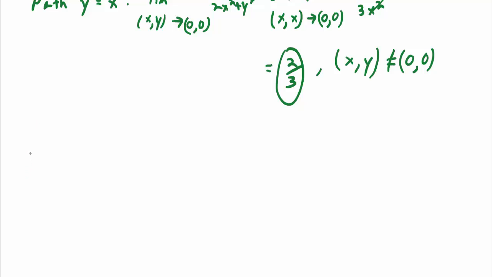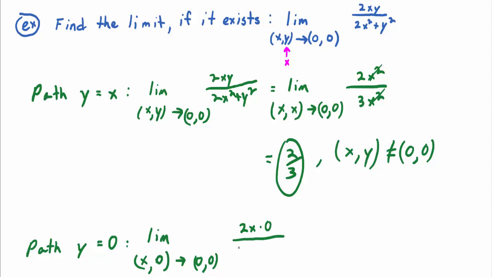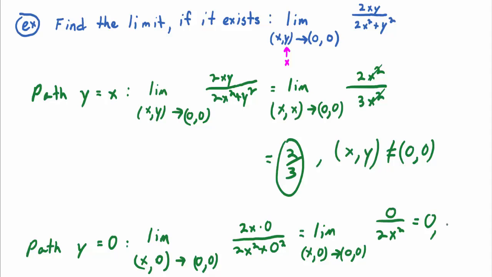Now, let's take the path, how about y equals 0? Which means the above limit becomes the limit as (x, 0) approaches 0, 0 of 2x times 0 over 2x squared plus 0 squared, which is just the limit as (x, 0) approaches 0, 0 of 0 in the numerator divided by 2x squared, which is just equal to 0 as long as x doesn't equal 0, which is the same thing as saying as long as both x and y don't equal 0, 0.